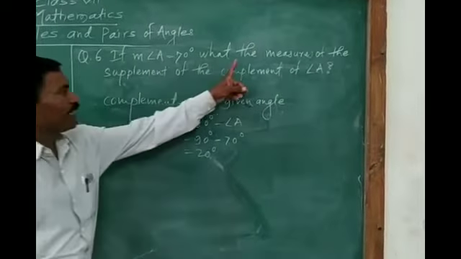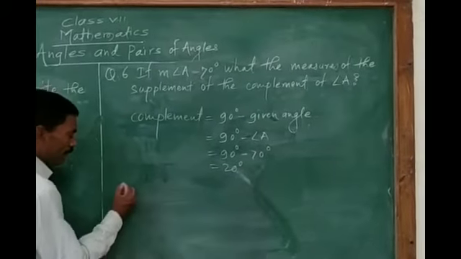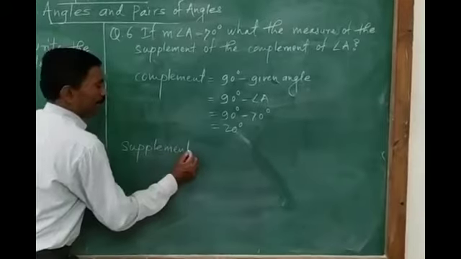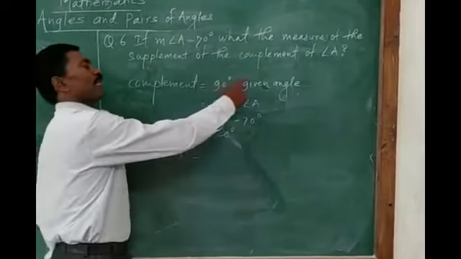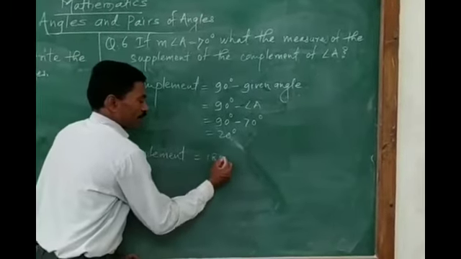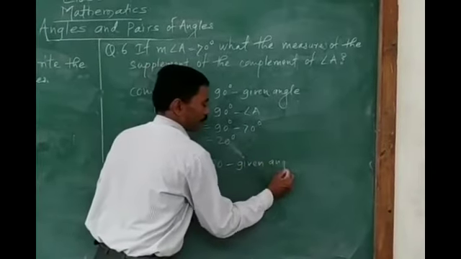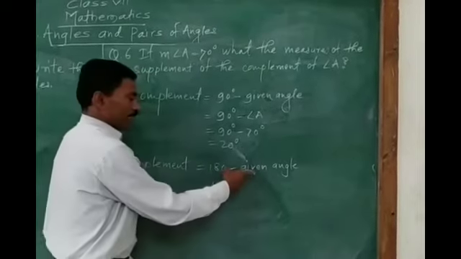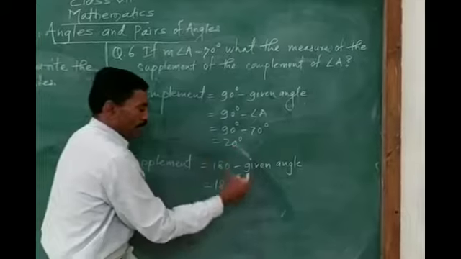And we have to find the measure of supplement. Therefore, supplement is equal to, as complement is equal to 90 minus given angle, supplement is equal to 180 minus given angle. And the given angle here is the complement of A, and complement of A is 20.